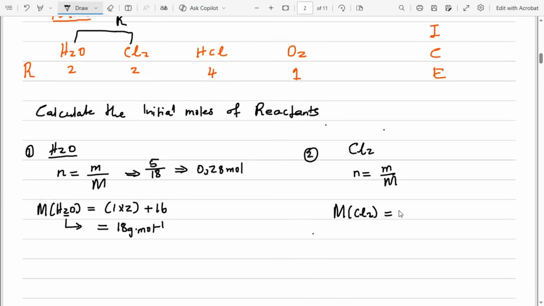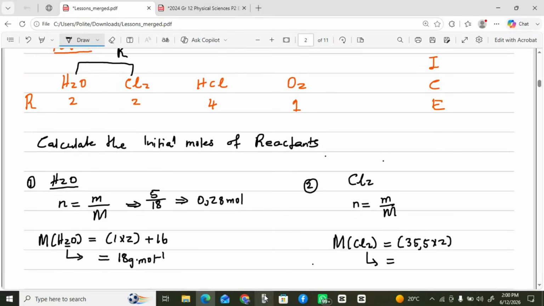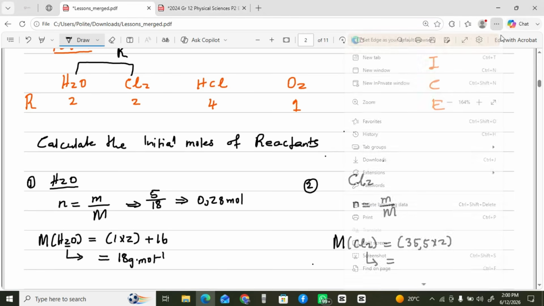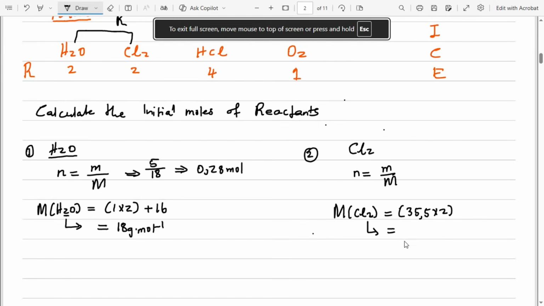We're going to take the 35.5, which is multiplied by 2. What do we get if we punch that on the calculator? 35.5 multiplied by 2, that's 71.